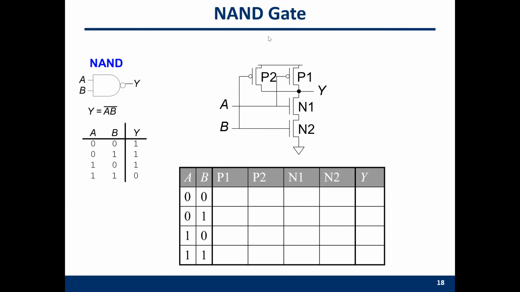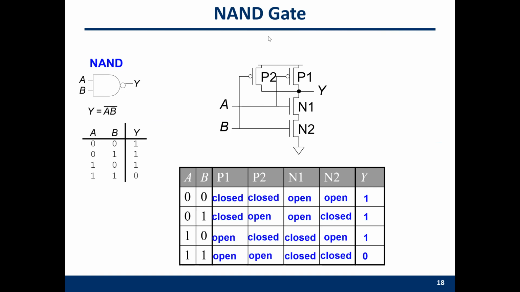I draw the, and then I, so A, when the A is a 0, B is a 0.